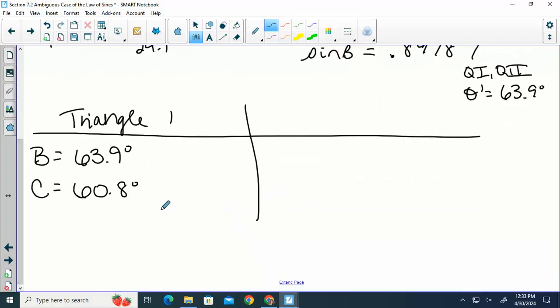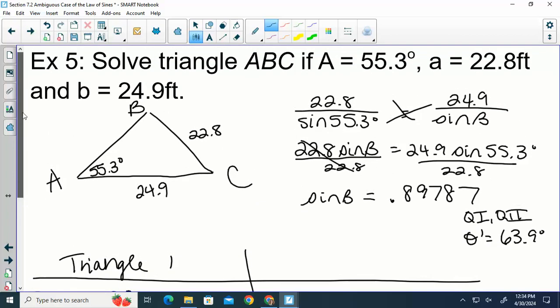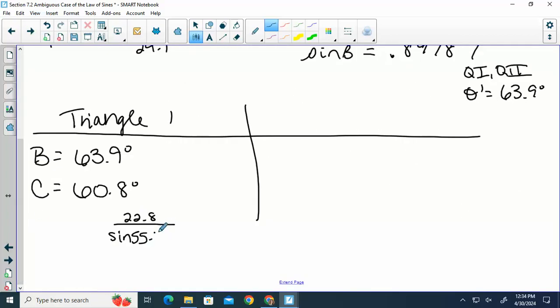Side C. So we can go back to our law of sines. We can do the A over sine A. So A was 22.8 over the sine of, what was it? 55.3. Equals side C, which we don't know, over the sine of angle C, which is 60.8.